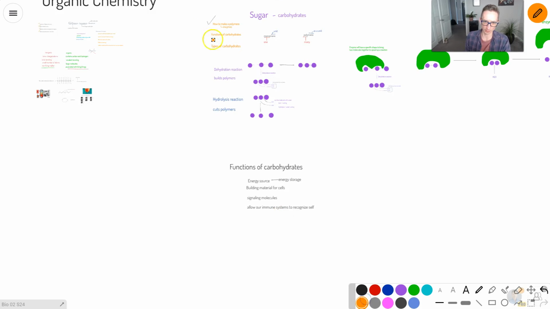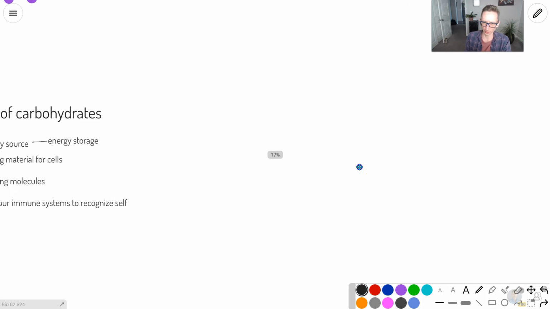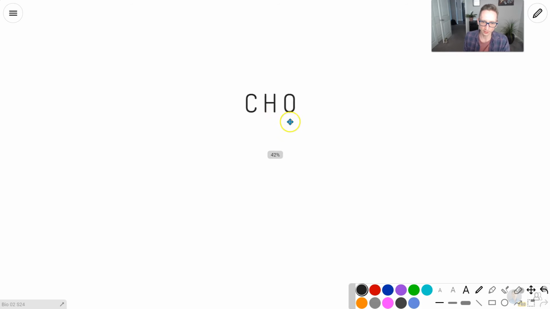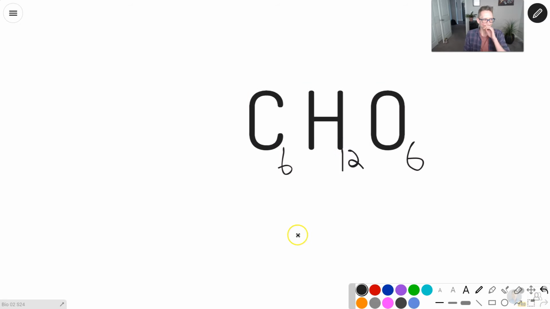And let's talk about types of carbohydrates. So we did that. All right, so what is a carbohydrate? I talked about this briefly. We're doing a chemical formula here. C6H12O6. This is glucose. This is the chemical formula for glucose. And carbohydrates always contain this ratio of 1 to 2 to 1.